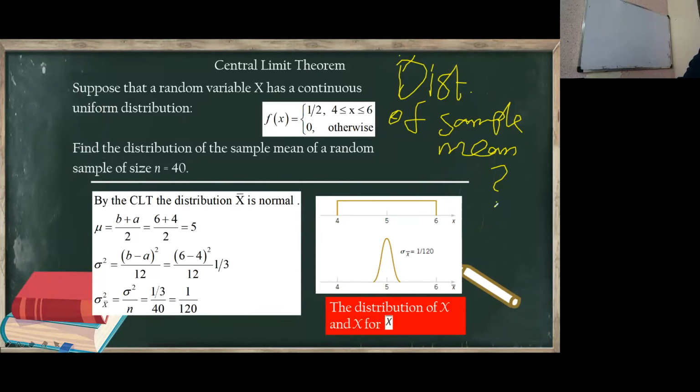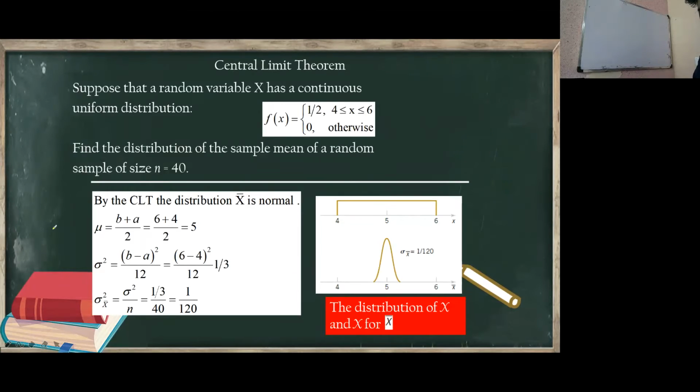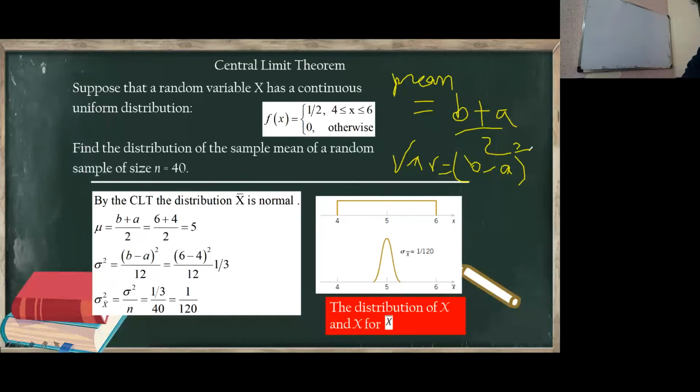In this case, we already know that the mean is b plus a by 2, and the variance is b minus a squared upon 12.